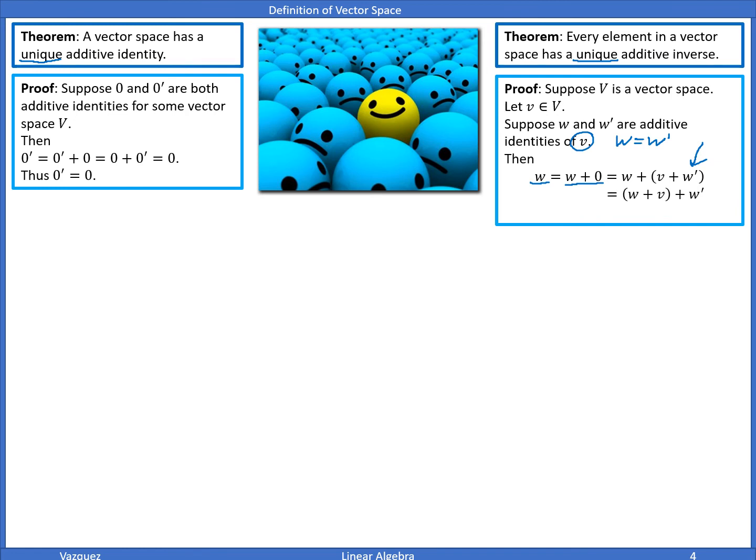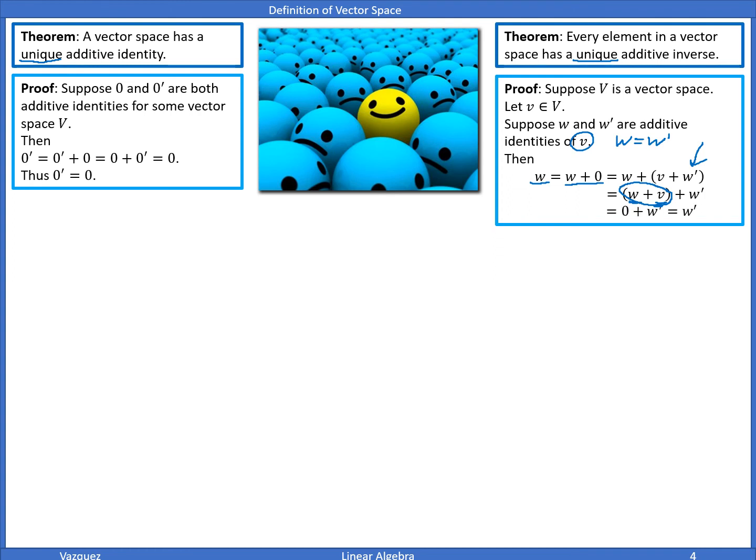And then we're going to use the associative property. So now w plus v, and then outside is plus w prime. And we're also assuming that w is the additive inverse of v. So what should this equal in the parentheses? Well, because they're additive inverses, they should equal 0.